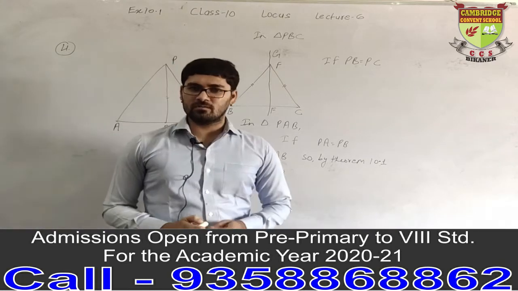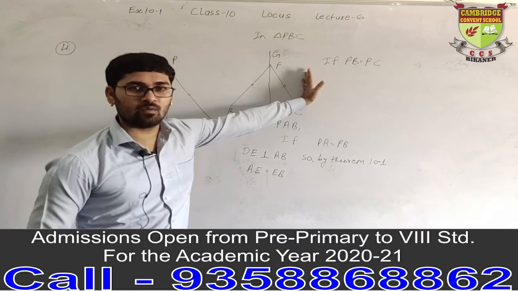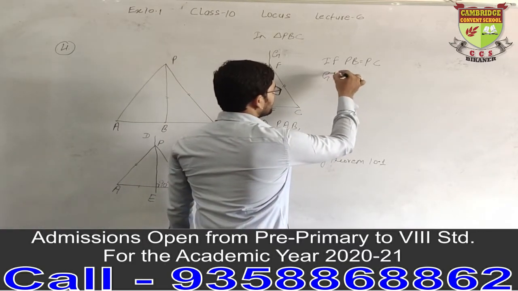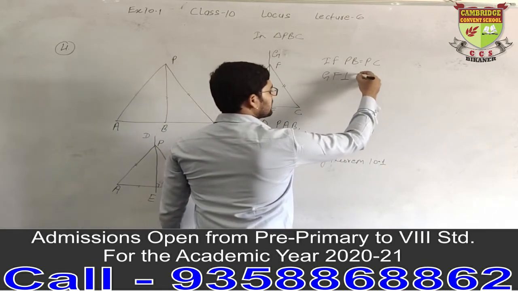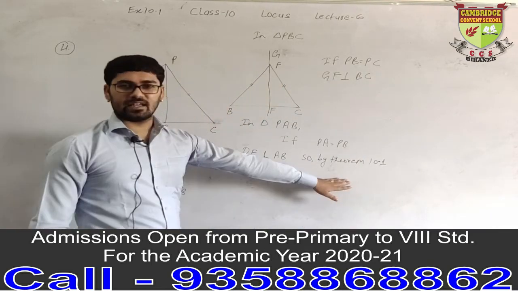so according to theorem 10.1, if PB is equal to PC, then what will happen? We drew a perpendicular. GF is a perpendicular on BC. Symmetry like this.